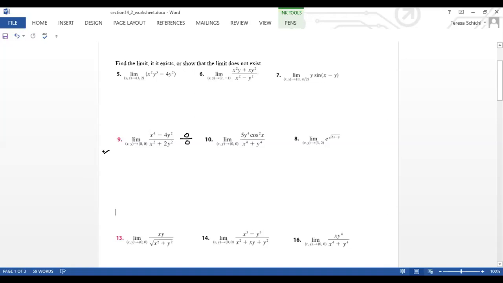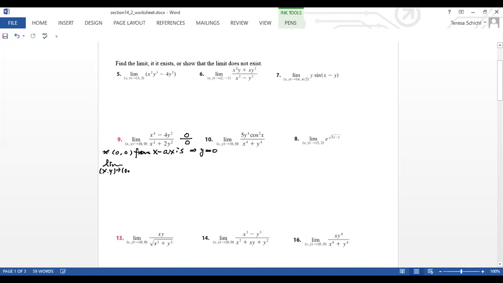So let's try to approach (0,0) from the x-axis. Remember, we have many directions. So the path, you can approach (0,0) from the x-axis. From the x-axis, that means y equal to 0. Okay, so now let's take a look. What do we have?